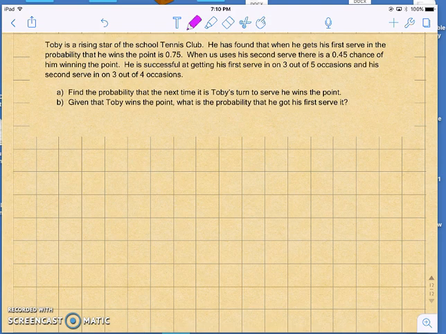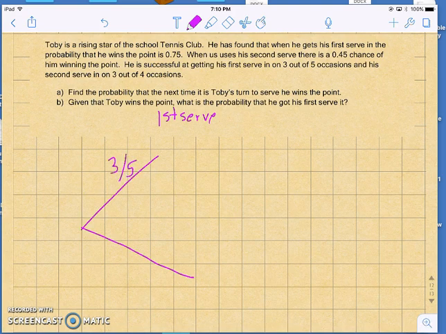So let's take a look here. We have his first serve. So what is his chance that he gets his first serve? So 3 out of 5. So that would mean that 2 out of 5 times he misses. Okay.